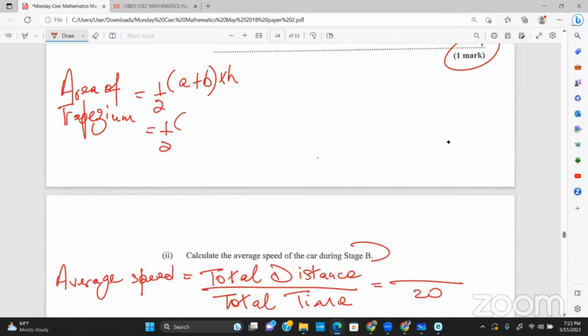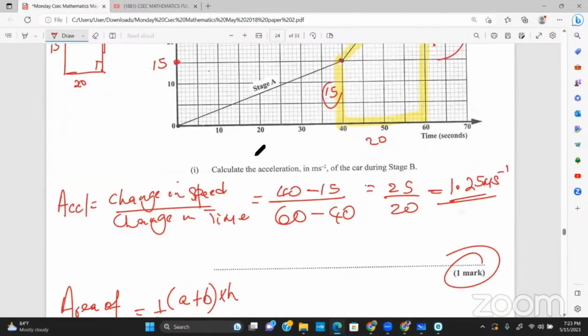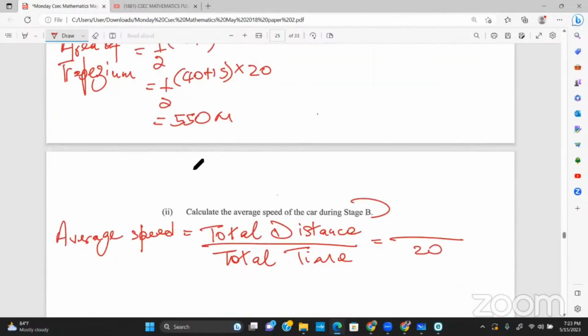So it's going to be half 40 plus 15 times 20. Let's take our time and work that out. Try not to make any error. I'm getting about 550. When I maths out this, I'm getting 550 meters. So the units that we're using is meters, see there, per second, so it's meters. So I have the distance. This is the distance traveled in B.